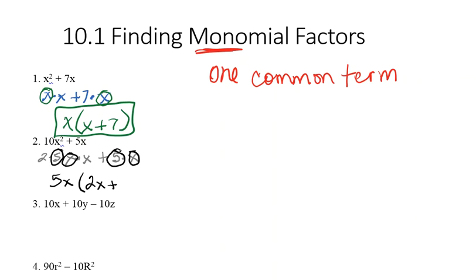Well, 5 can be multiplied by 1. 5x times 1 does not change the value. So I can say there's a leftover 1 there, so that I still have a binomial inside, because I had a binomial to begin with. So anytime you take out all the factors, leave a 1 in that position.